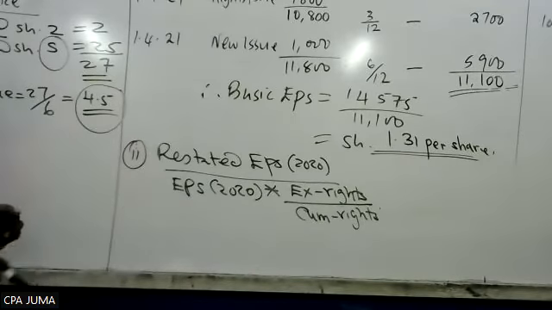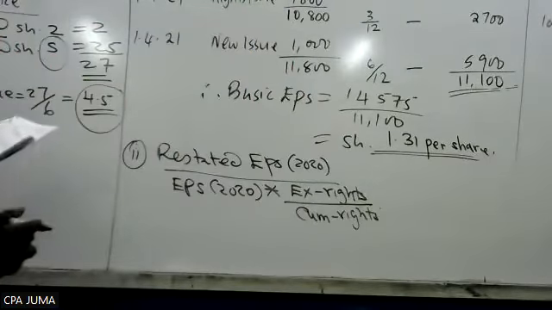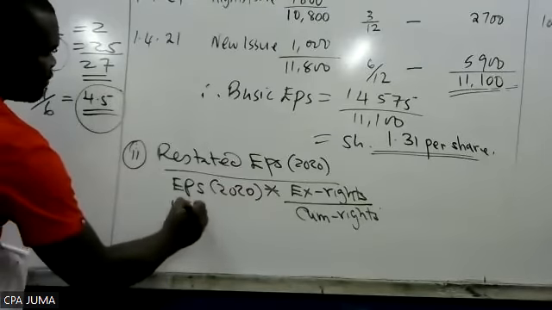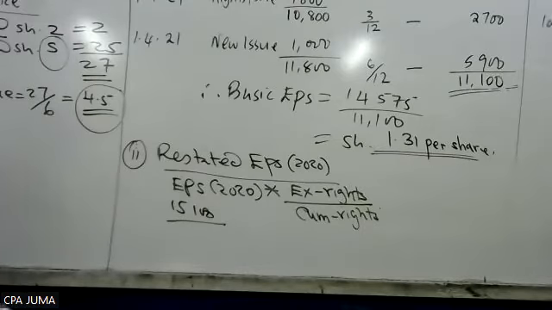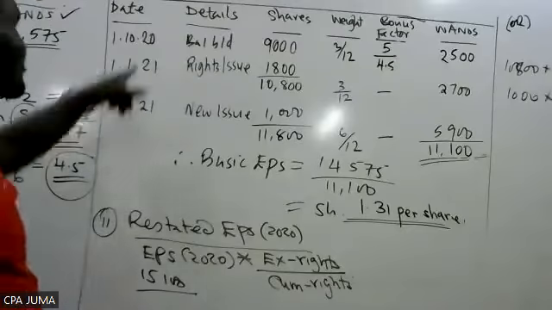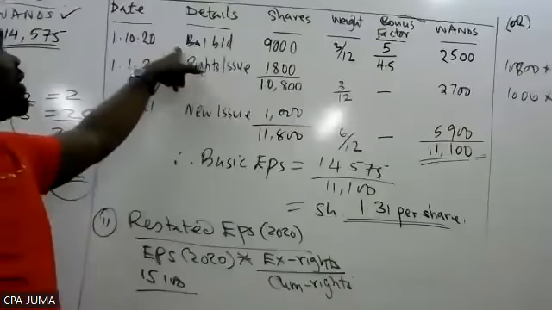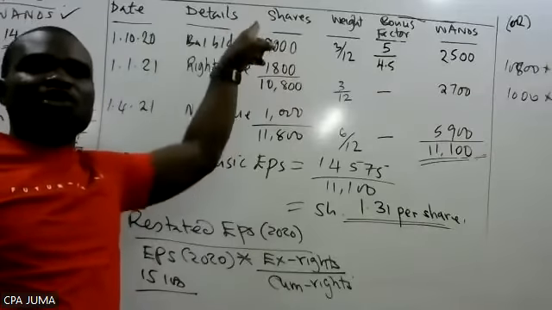EPS last year, we were given profit for last year. Here we also got the profit for last year. It says it was 15,100. Profit was 15,100, divided by WANOS to get EPS. WANOS, of course, is the opening. Opening, this one here, the 9. What we opened in 2021 was the closing in 2020.